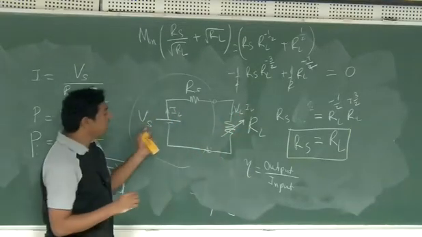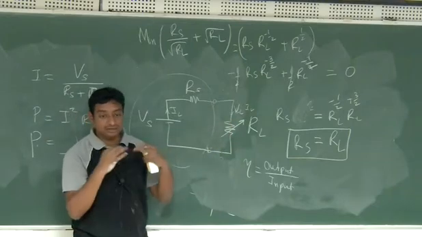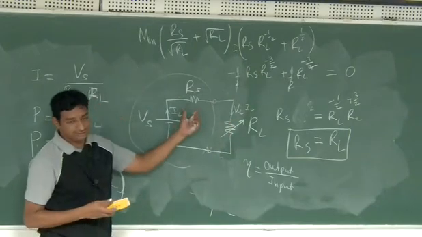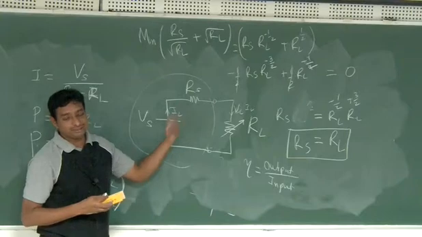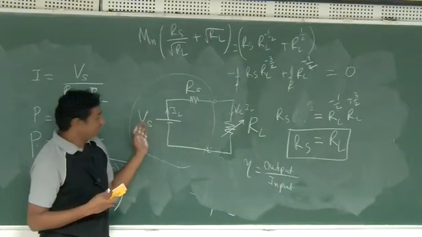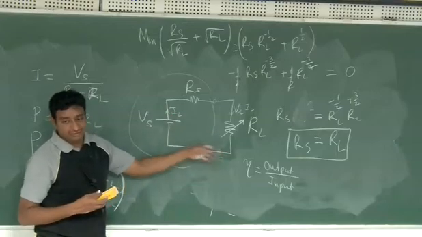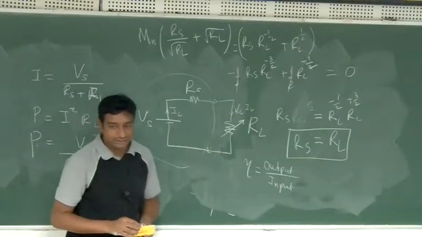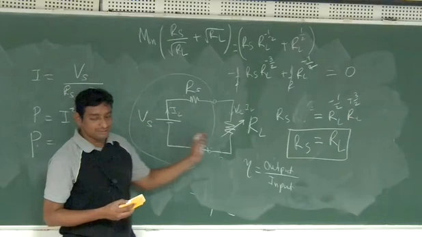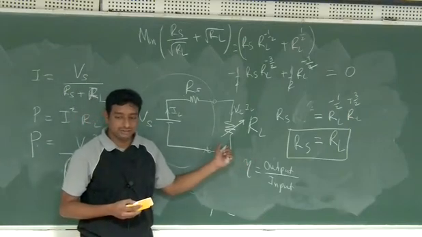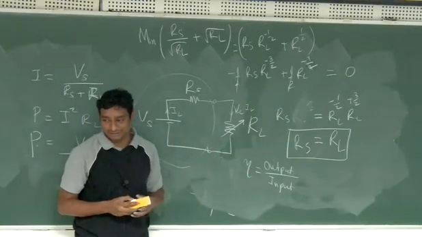The supply voltage and the load voltage are not the same because there is some voltage drop here. If these two values are equal, the voltage drop will be half and the efficiency also will be half. So although you are able to send the maximum possible power in this circuit, your efficiency is only 50%.